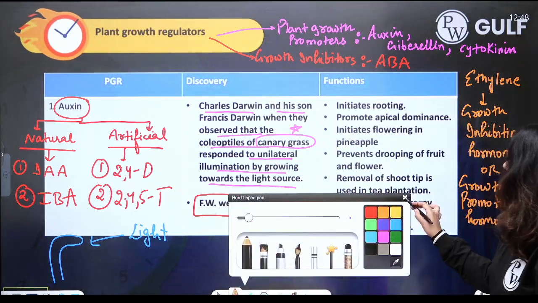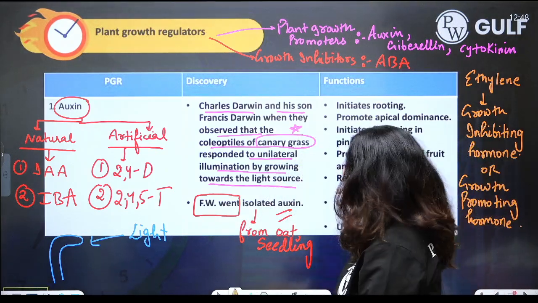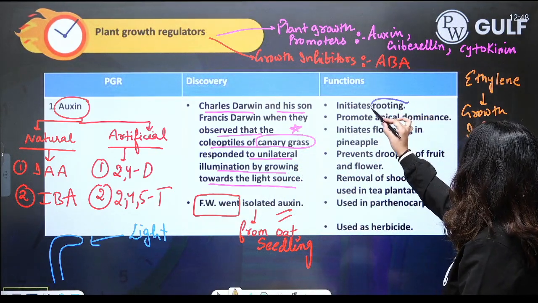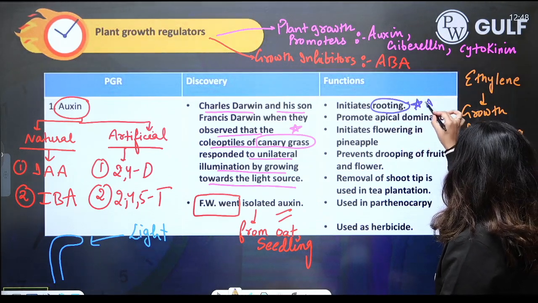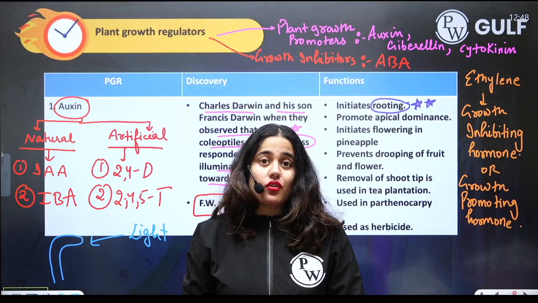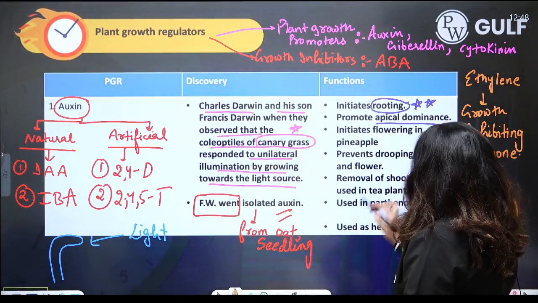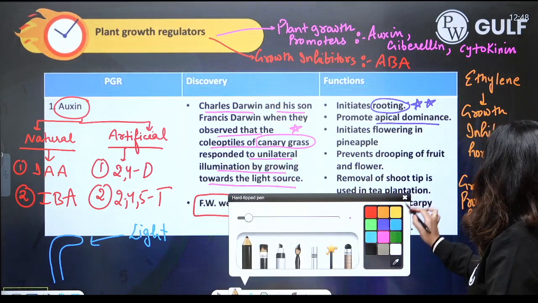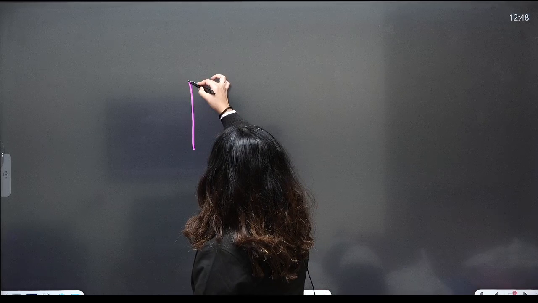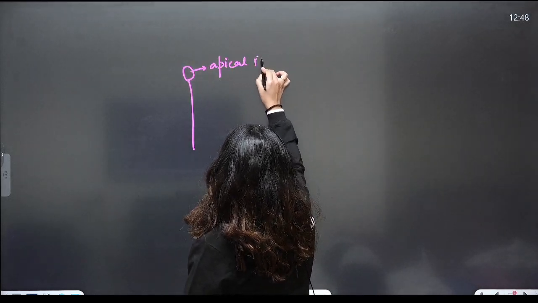Let's discuss its functions. It has many functions. One of the functions is that it promotes rooting, right? Whenever you apply auxin, it promotes root formation. It promotes apical dominance. What is apical dominance, beta? This is the apical bud. The bud is the tip.